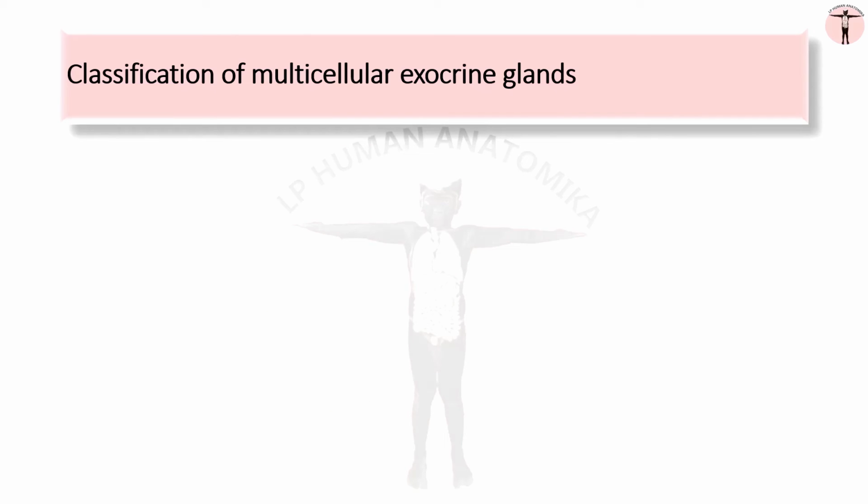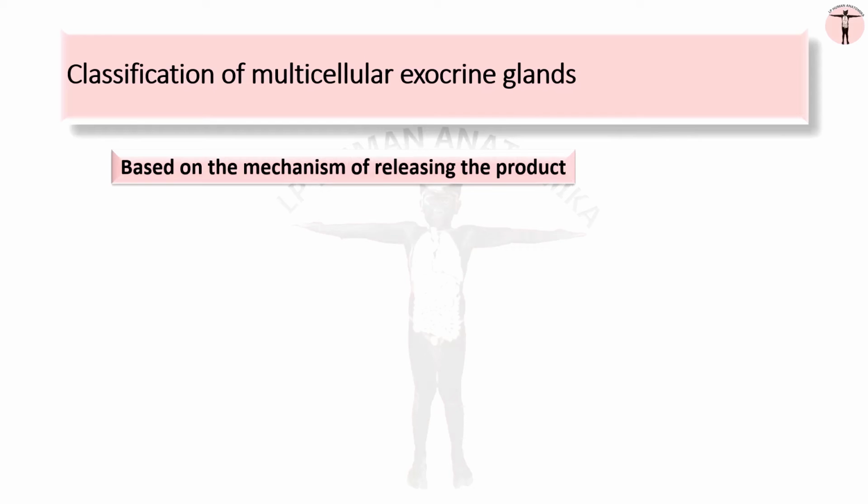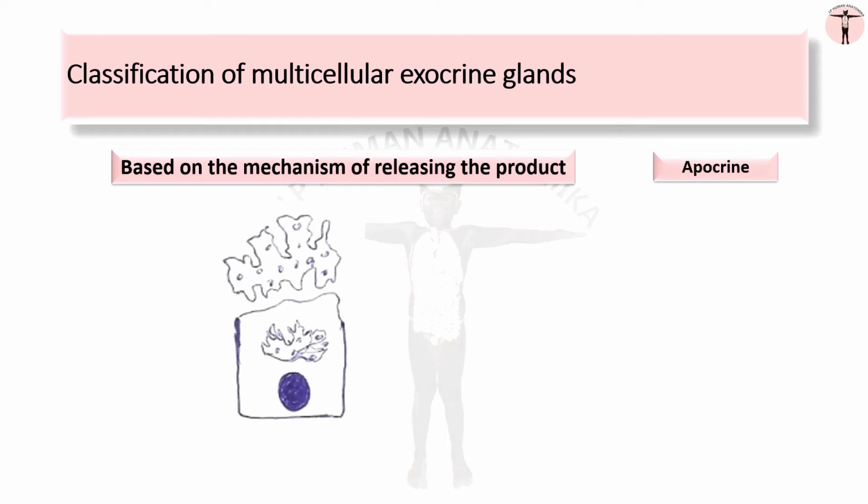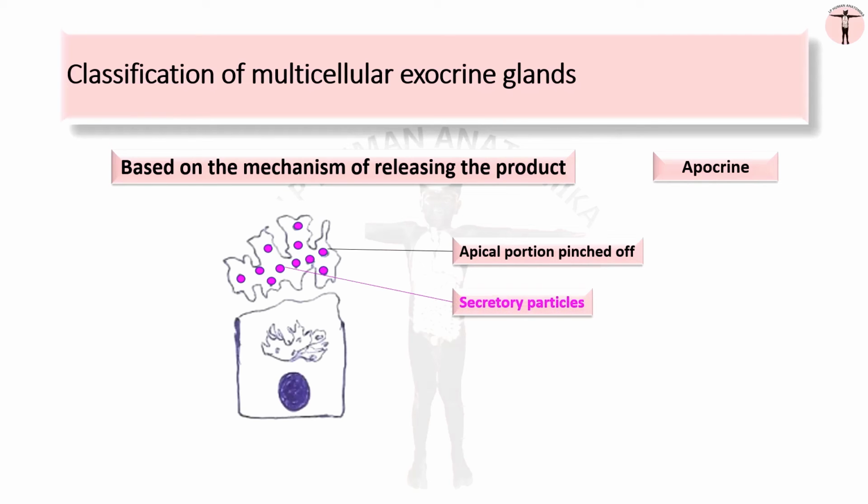The second classification based on the mechanism of releasing the product is apocrine gland. In these glands, the apical part or luminal part of the cells is pinched off from the cell with secretory particles disintegrating during the process of secretion and is shed off to discharge the secretion, leaving behind the nucleus and basal part of the cell from which the apical disintegrated part of the cell regenerates.